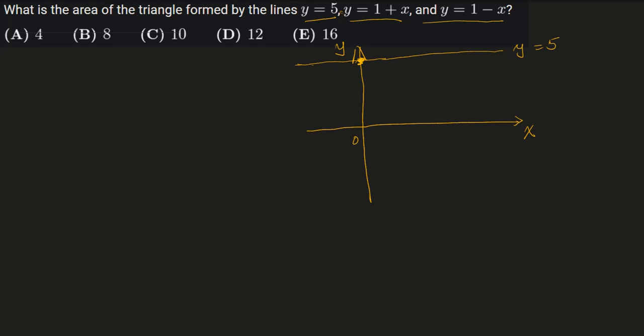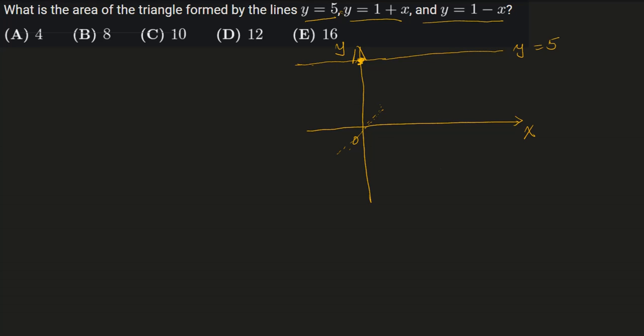And then let's draw the line y equals 1 plus x. We know that the line for y equals x should be like this, right? Diagonally. And for y equals 1 plus x, that's simply moving this line up by 1 unit.